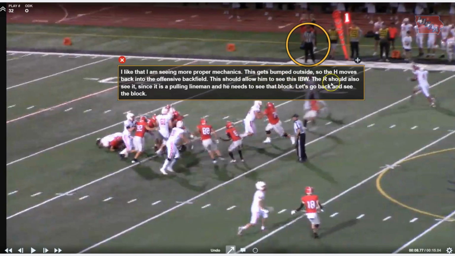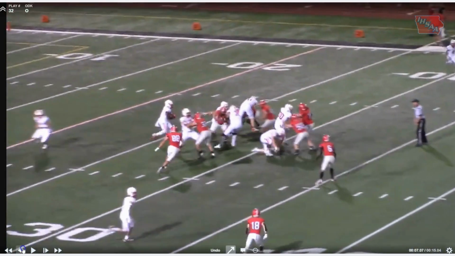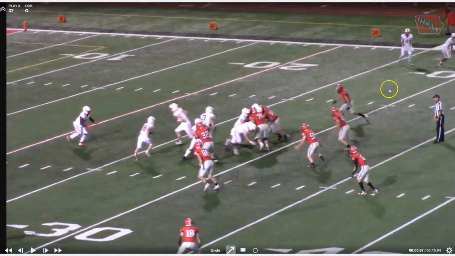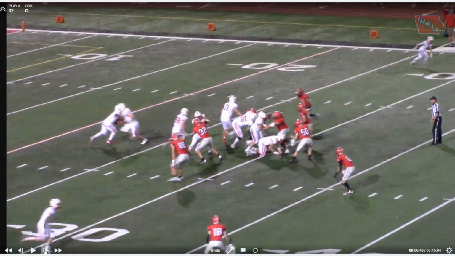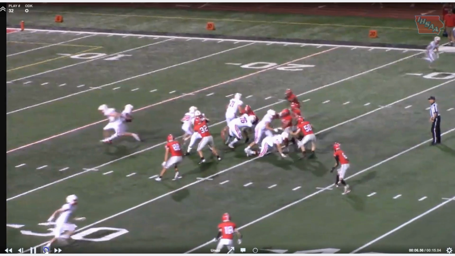The referee 100% should. This is a pulling lineman that actually gets blocked low by a little defensive back, which is what usually happens. So you can see this defensive back's going to come up, and he's going to see this big pulling lineman, number 71 or 77, and he's going to decide he doesn't want any part of 71, so he's going to go low, okay?